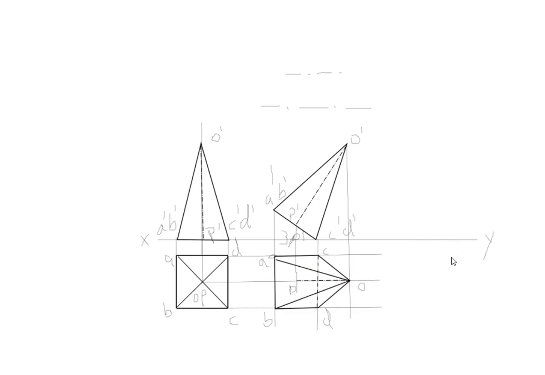So far we have seen how this pyramid is tilted with respect to HP. Now let's see how it will look when we tilt the same solid with respect to VP. For example, let's take the case where this edge is tilted with respect to the vertical plane at an angle of, say, 30 degrees. So let's see how it's going to look.